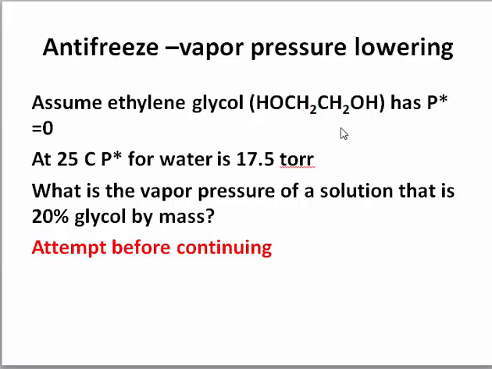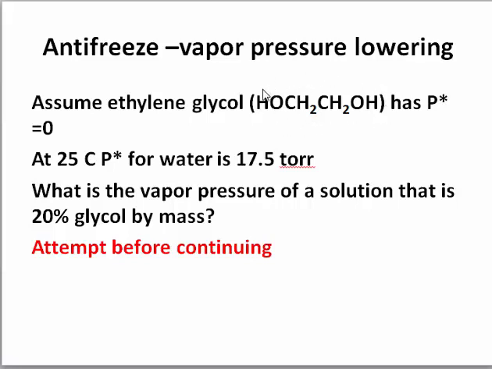But since ethylene glycol is a polar molecule, which may engage in hydrogen bonding, we see from its structure, it has similar enough attractive forces to water that we could approximate antifreeze water solutions as ideal solutions.